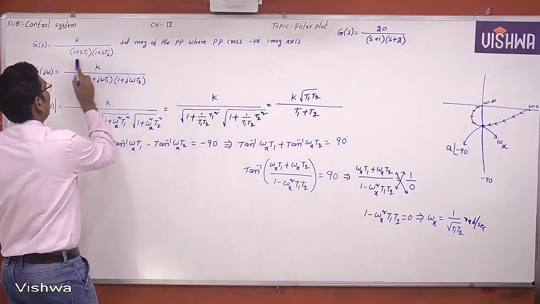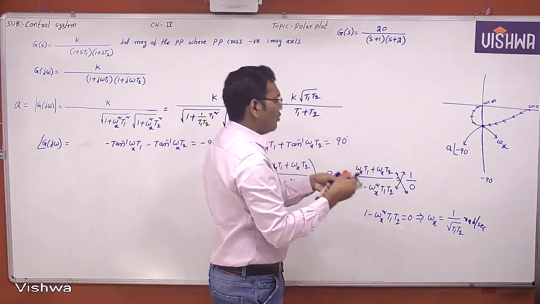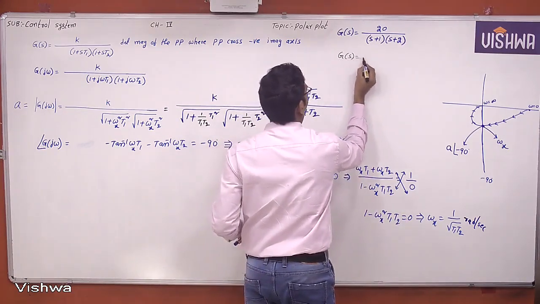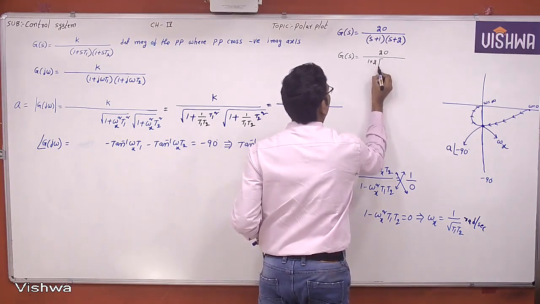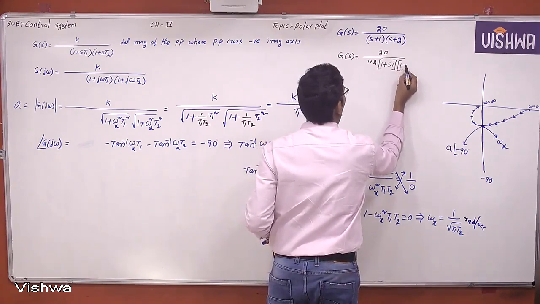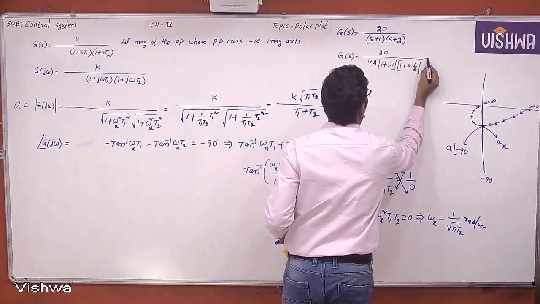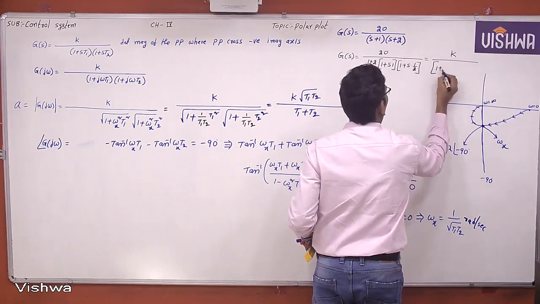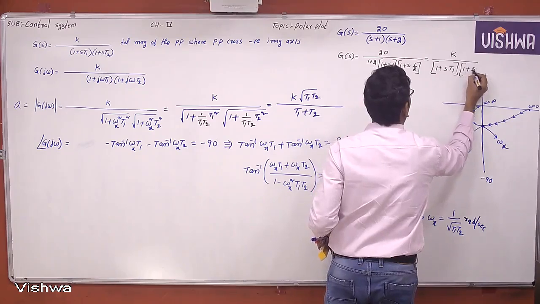This is time constant form. This is which form? Pole zero form. So convert the pole zero form into time constant form. G of s is equal to 20 by 1 into 2, which is nothing but k by 1 plus st1 into 1 plus st2.